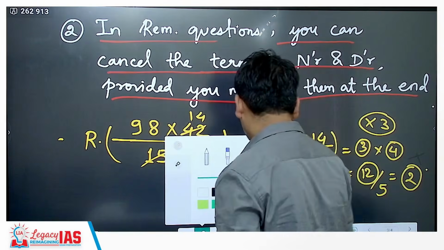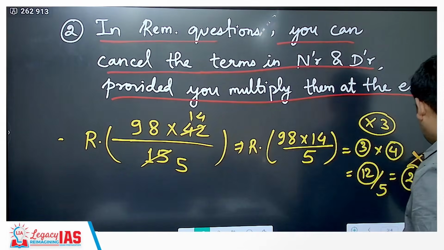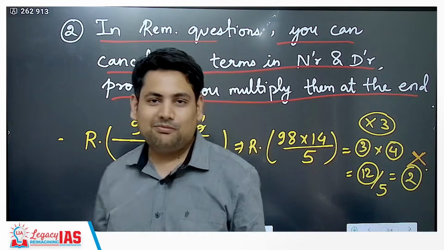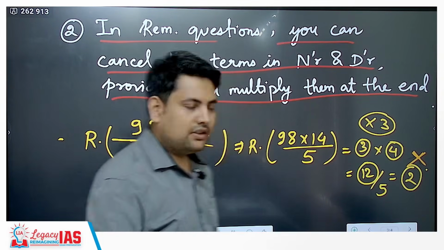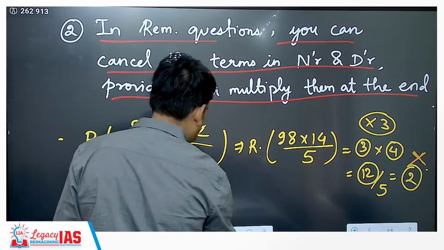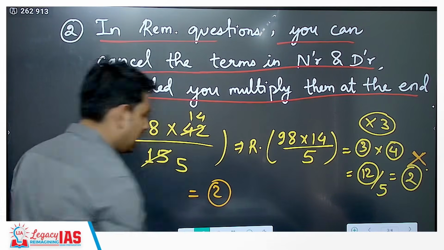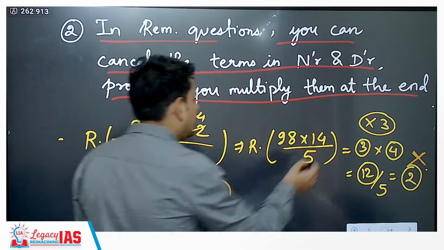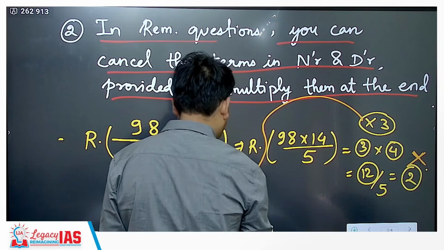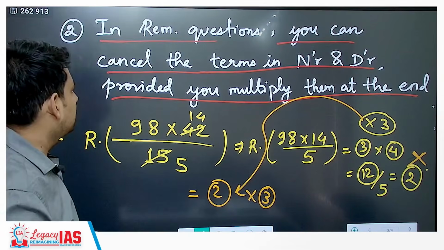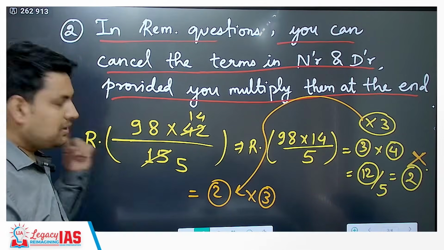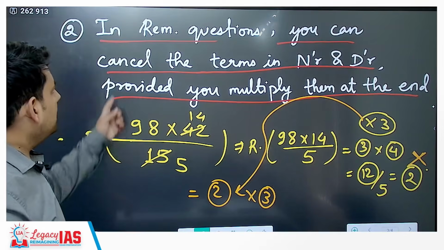If you mark this, you will get negative marking, because 2 is not the correct answer. The correct answer will only come when you take this 2, which we got after calculating everything. Don't forget that you cancelled this 3. So you must multiply it with 3 again. Understood? That is what is written.